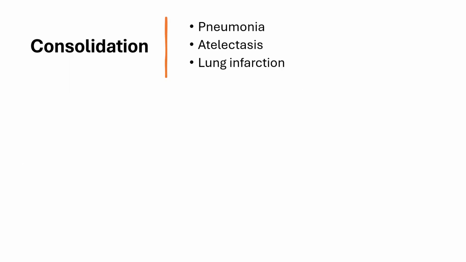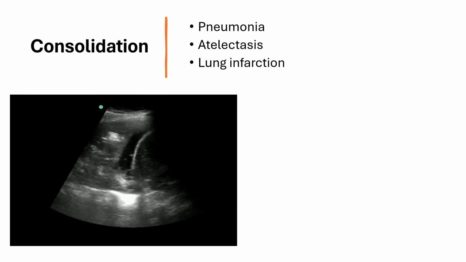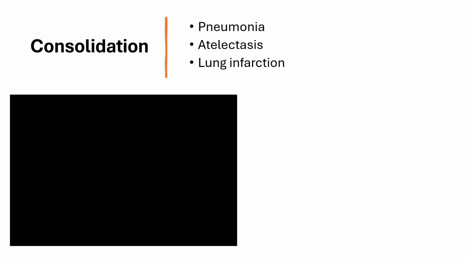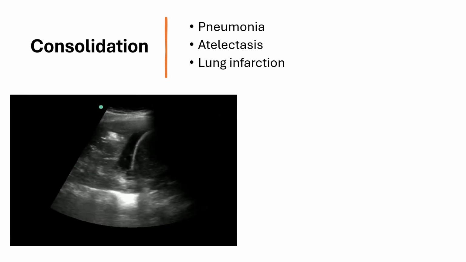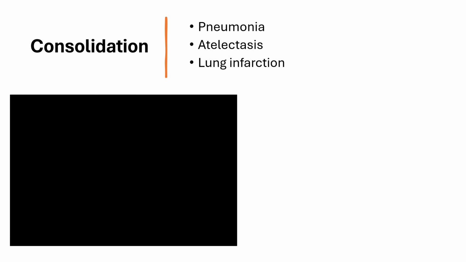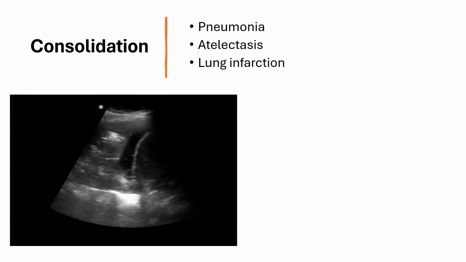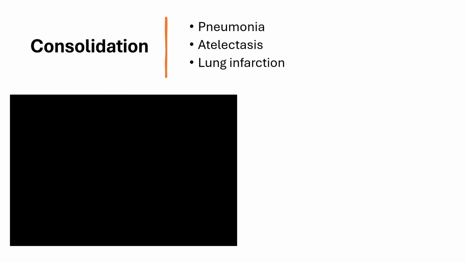So the consolidation can be due to pneumonia, atelectasis, and lung or pulmonary infarction in the cases of pulmonary embolism. On this image, you see again a consolidated lung and what seem to be static air bronchograms, which are white strands which don't appear to be moving.